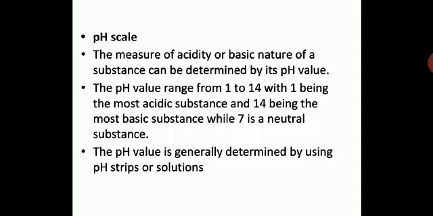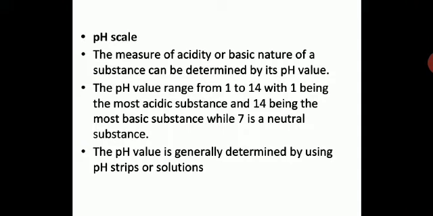As you go from 7 to 1, the pH value will decrease, but the acidic nature of the substance will increase. So if you compare a substance having pH 6 and pH 5, the pH 5 substance will be more acidic than the pH 6. I hope this is very clear with you.